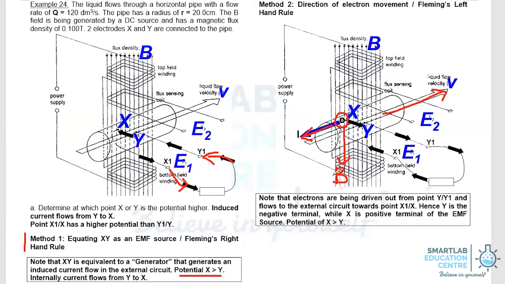And using Fleming's left-hand rule, the magnetic force acting on the electrons will be towards Y. And with that, the electrons will then exit and return towards Y. So with that, we can conclude that Y is the negative terminal of the EMF source, while X is the positive terminal. So the conclusion is the same. We will still arrive at the potential of X higher than Y.